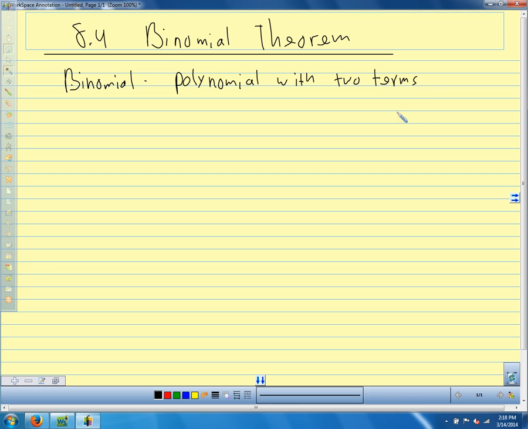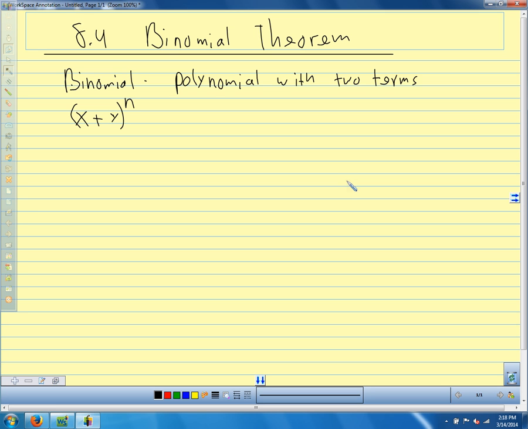So what we want to do is find a formula for expanding a binomial raised to a power. So we want something like x plus y, where x and y are some variables or some numbers, to the n power. And we want something a little easier than multiplying all these parentheses together n times.